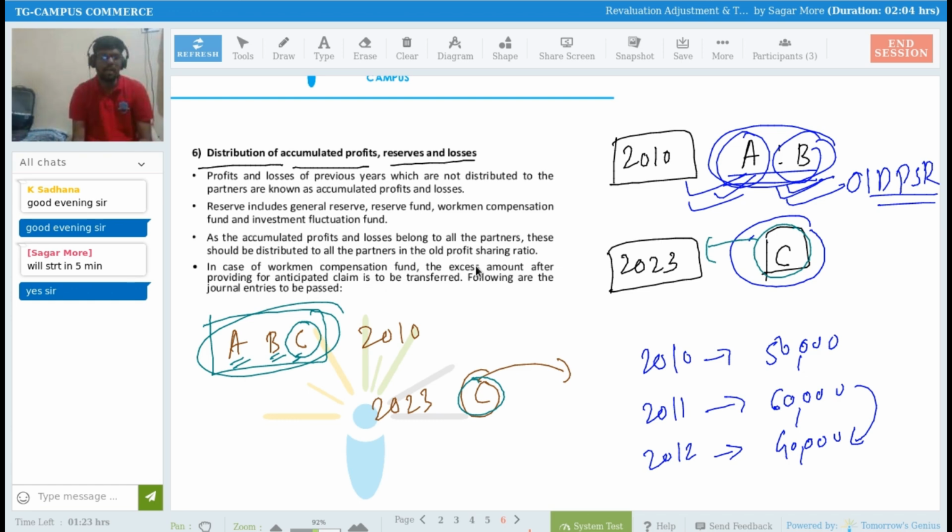So on the occasion of retirement of partner C, we have to distribute all the accumulated profit, reserves and losses between all the partners as per their old profit sharing ratio. Now what are the different types of accumulated profit, reserves and losses?